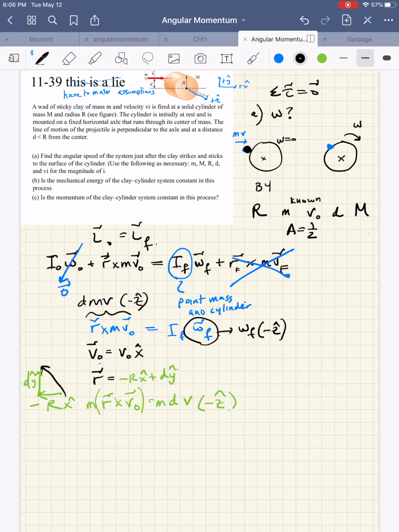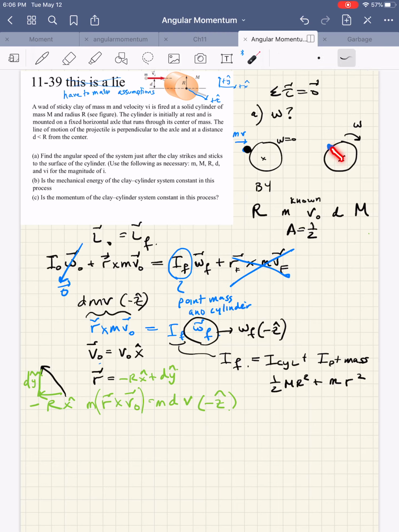So really all that's left to do to kind of solve this problem is to find I final. Well, remember, I final is a rotating rigid body that also includes this point mass right here. So I have the moment of inertia of the cylinder plus the moment of inertia of the point mass. This is 1/2 M r squared plus m r squared, where r is how far away it is, and from the axis, it's actually at a distance of r away. So this is also r squared.